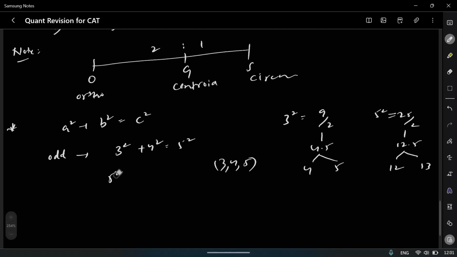So 5 square plus 12 square equals 13 square. This is another triplet. It is applicable for almost all the smallest values, and if the number keeps on increasing, it might not work.